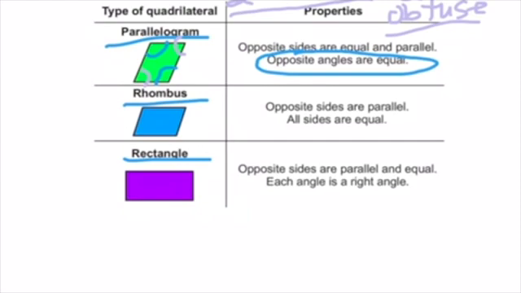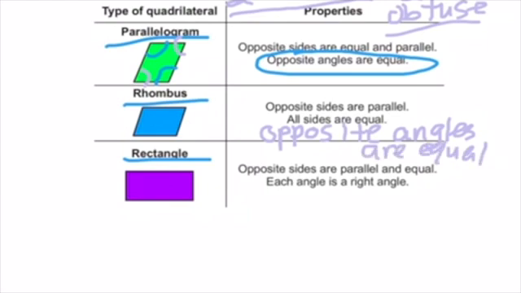Okay, and then with a rhombus, opposite angles are equal again. I know that's not a rule on here, and that is something I'm going to add. The opposite angles are equal, just like with the parallelogram. That is the same rule.